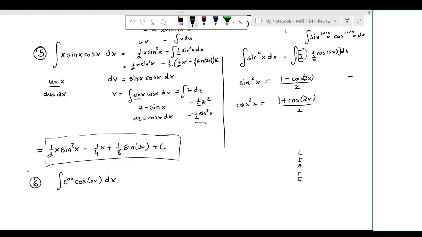If you'd like, you can just go along with the acronym LATTE. Trig and then exponential. Another one where you can use what we call cyclic integration by parts.